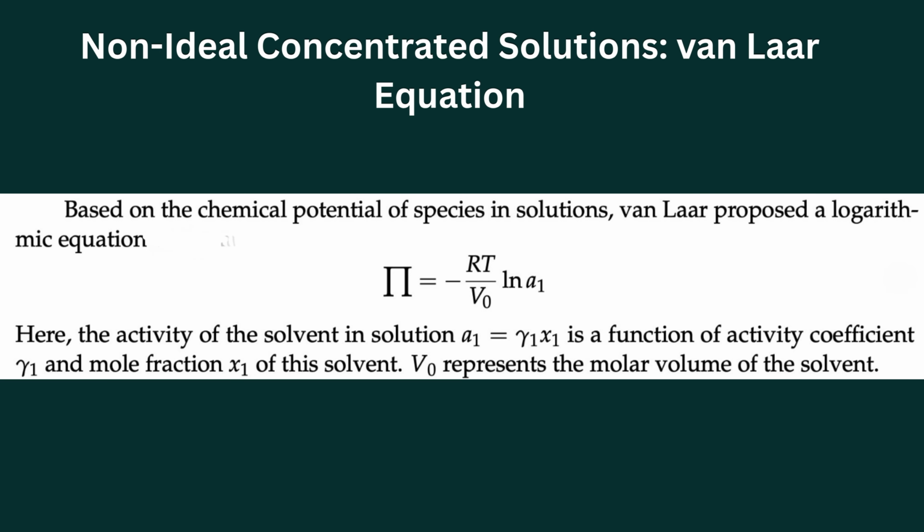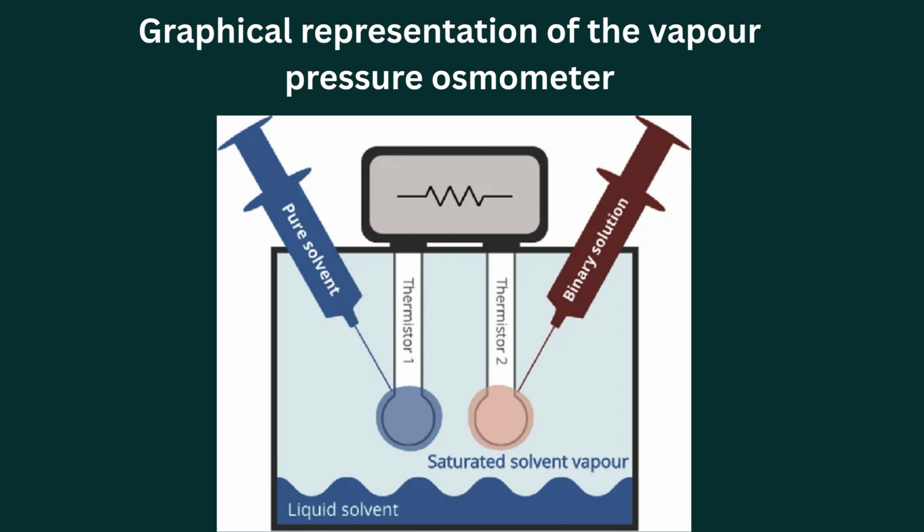An alternative conceptual framework is provided by the vapor pressure theory, which interprets osmotic pressure as the pressure required to equalize the vapor pressure of a solution with that of the pure solvent. This perspective emphasizes the role of solvent chemical potential and provides a thermodynamic basis consistent with phase equilibrium principles.